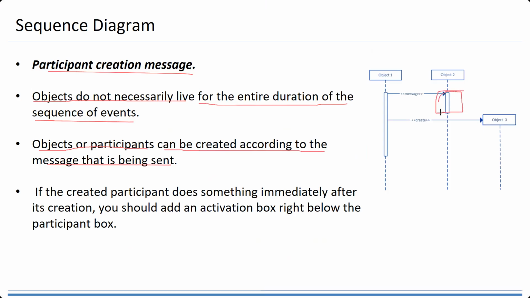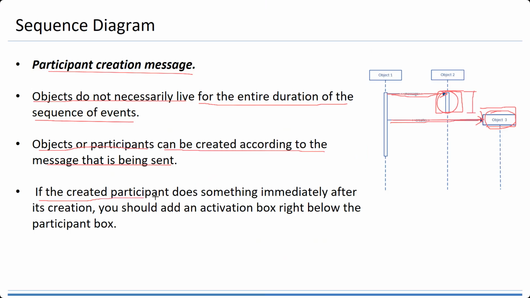So these things will happen when you send a message. This instance will happen when you send a message. So if there is no message, then we will not create this object. If there is no message, we will not create this particular timestamp.